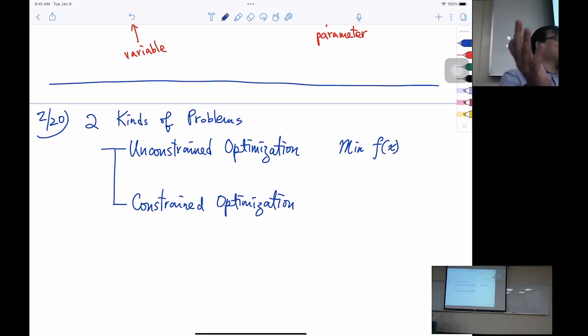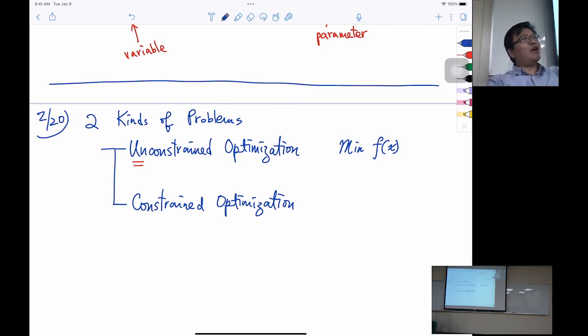No constraint. That's why it's so-called unconstrained. No constraint. So the solution can be anywhere inside the real space if x is a real number. So any number of x could be a possible solution. We are finding the exact solution, the optimal solution inside the real space.